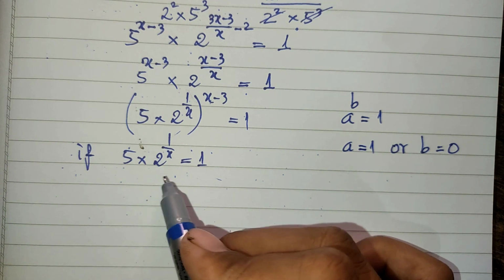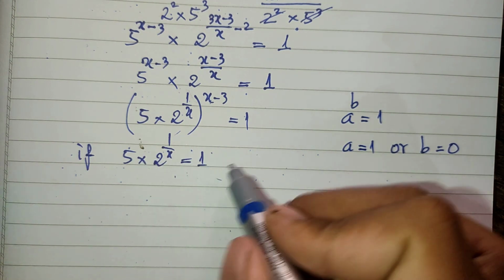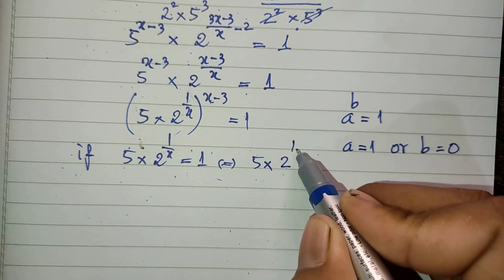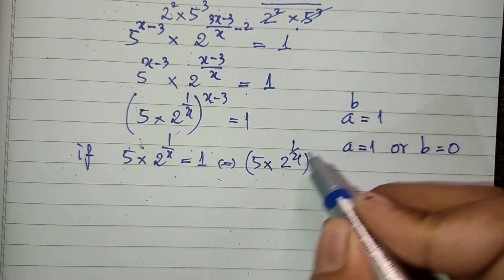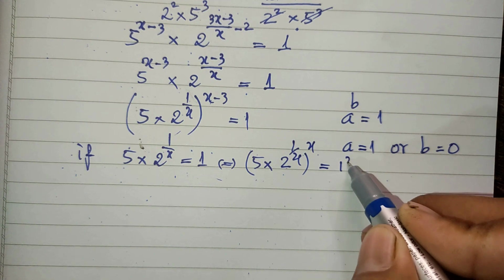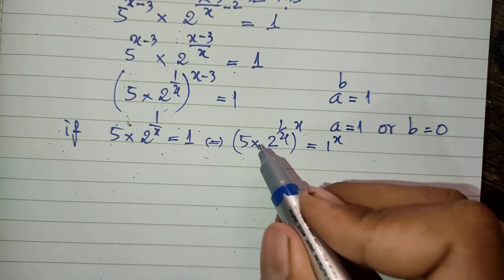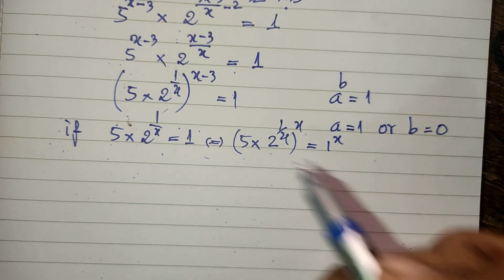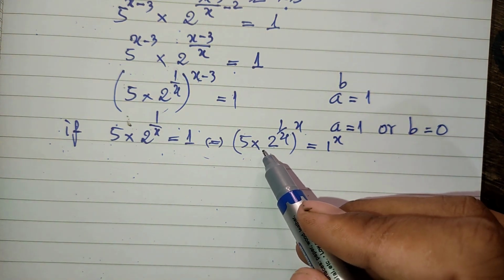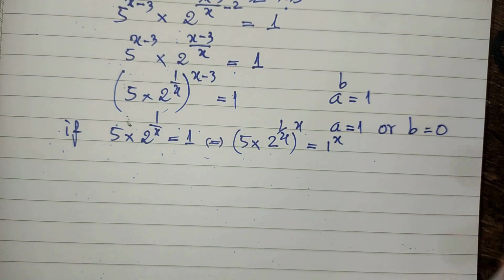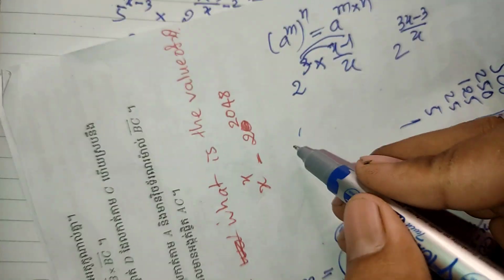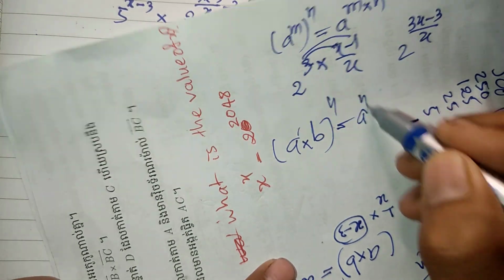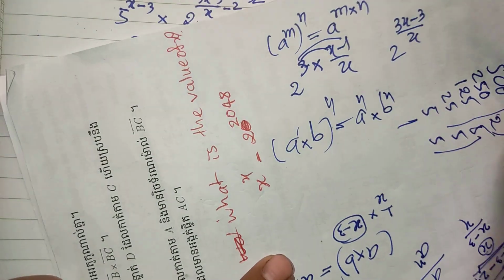Now I raise both sides of this equation to the power h. So we get 5 multiplied by 2 power 1 divided by h, all power h, equals 1 power h. We use the formula that a multiplied by b, all power n, is equal to a power n multiplied by b power n.